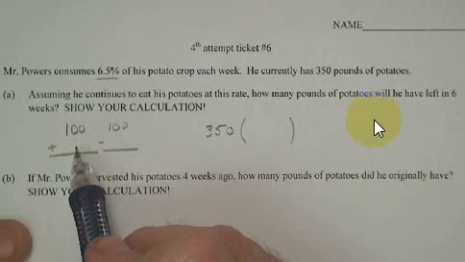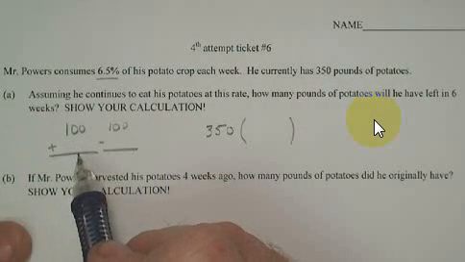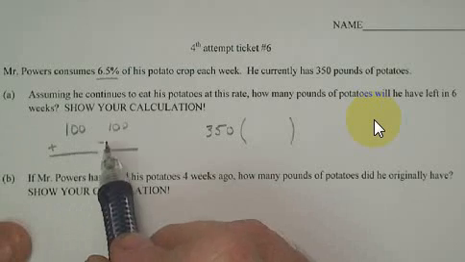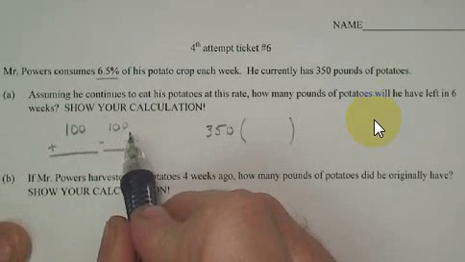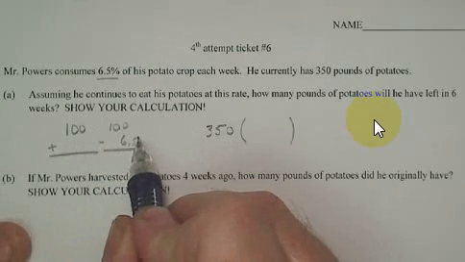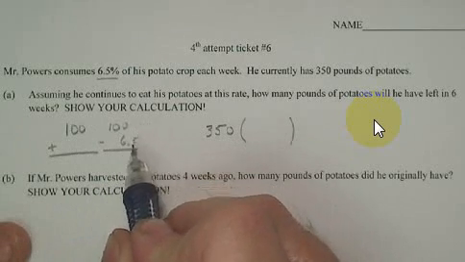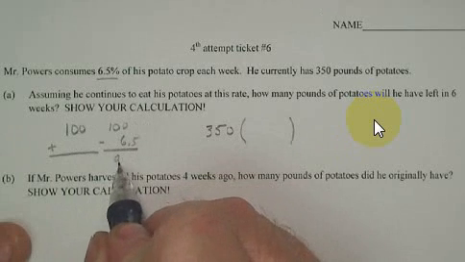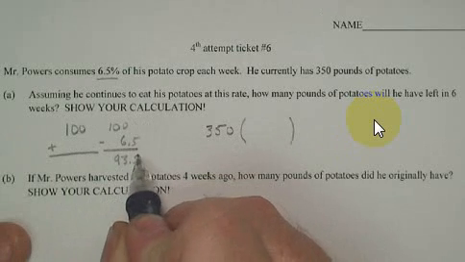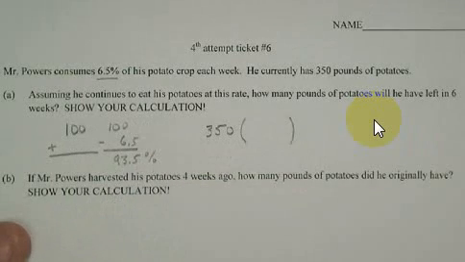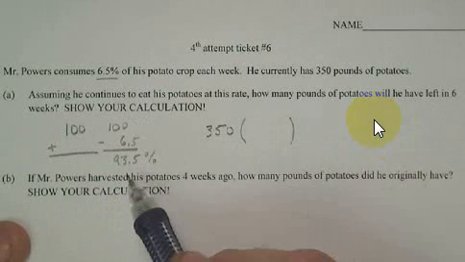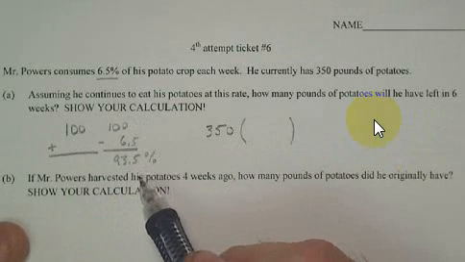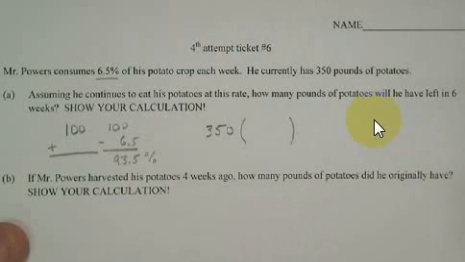So we wouldn't want to add it. That would mean he'd be generating more potatoes. We're going to talk about subtracting from 100. So I take the 6.5%, I subtract it from 100%, and I end up with 93.5%. And that just means at the end of each week, he has 93.5% of his potatoes left.